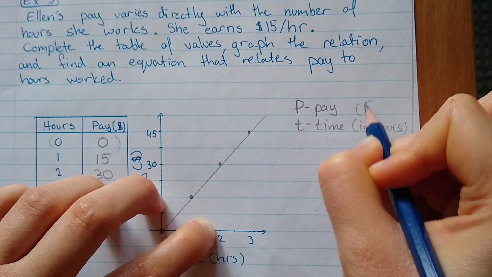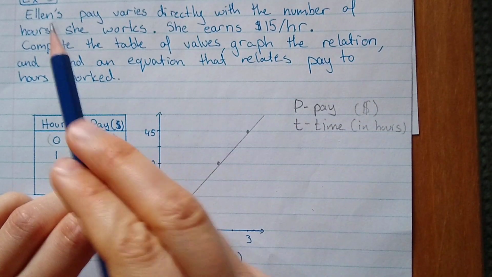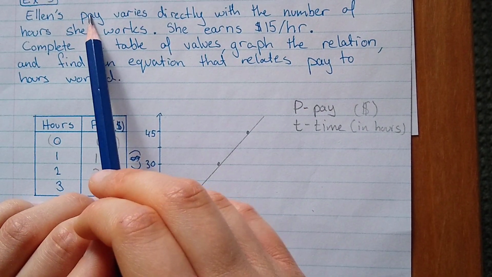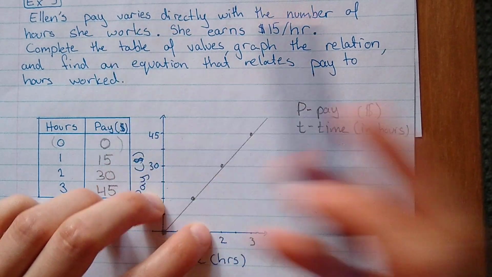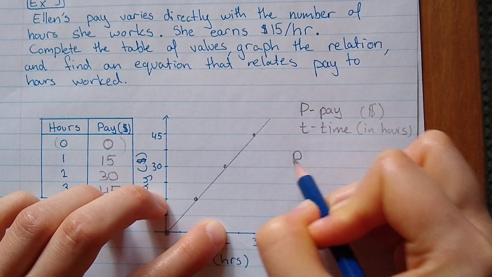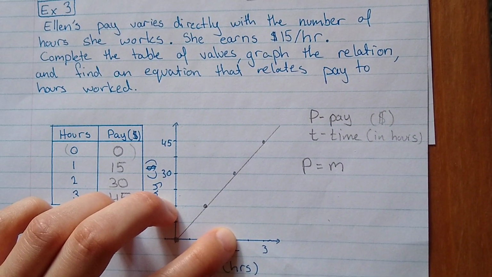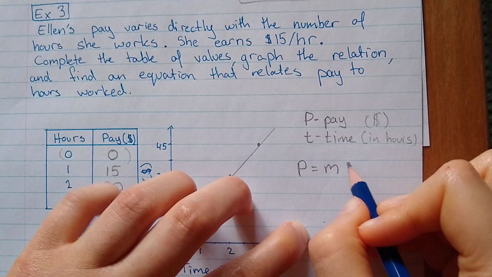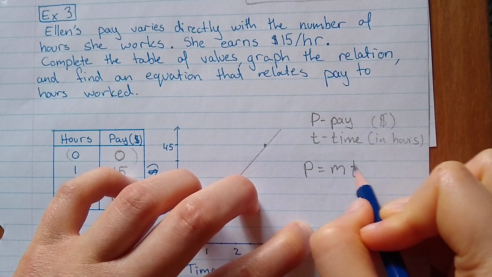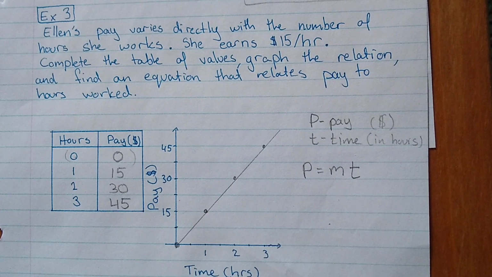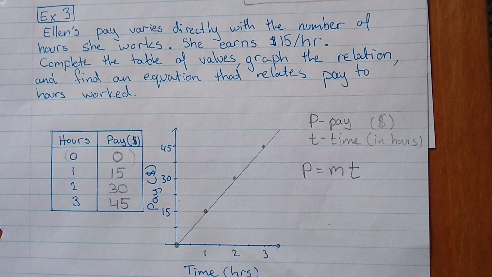And this is in dollars. So we remember that our pay is at the beginning, so that's dependent. So we'll put that here. And then our time is independent, so we put that here. So we have P equals MT.